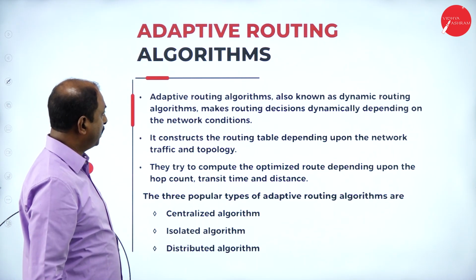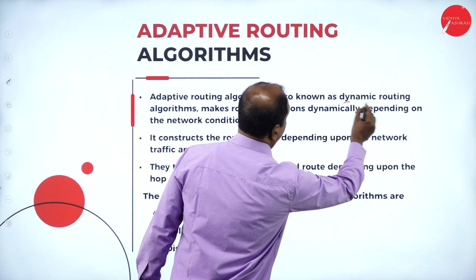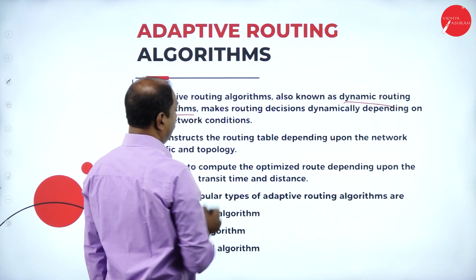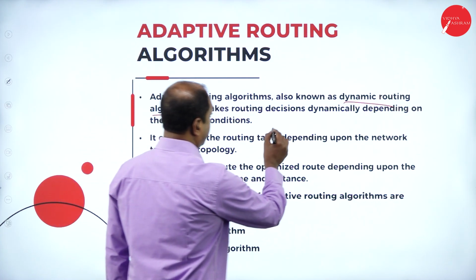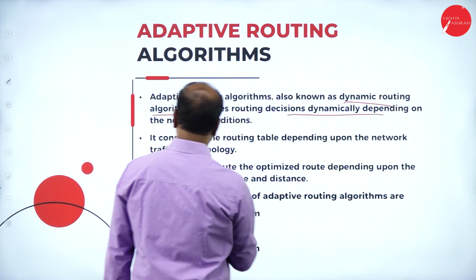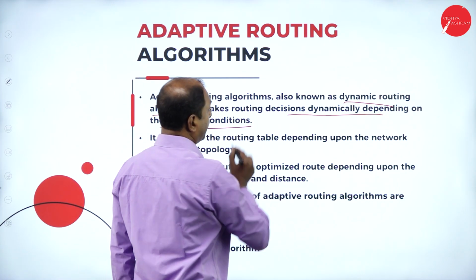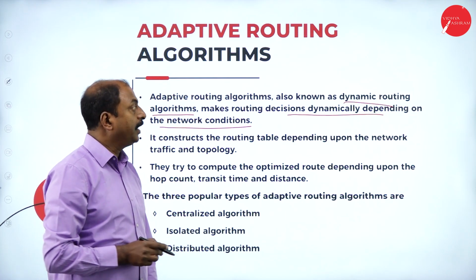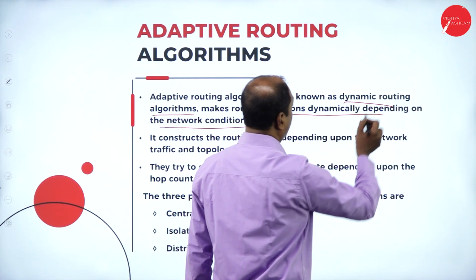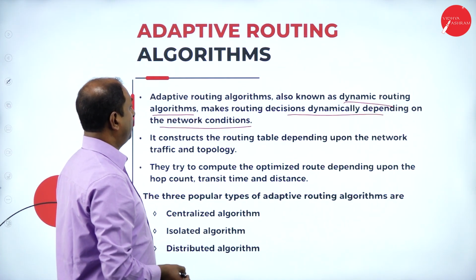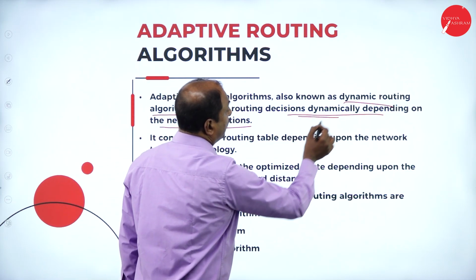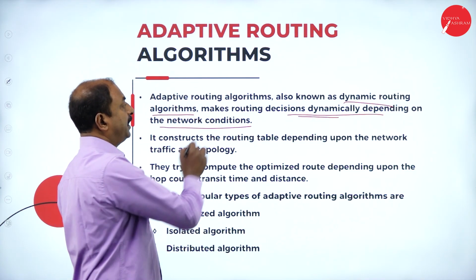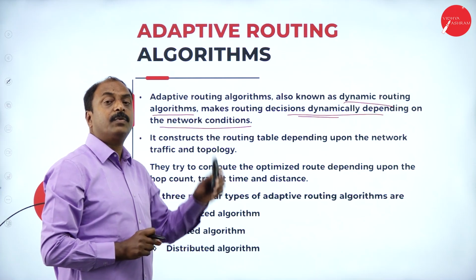In the next slide, we will see what the adaptive routing algorithms are. Adaptive routing algorithm is also known as dynamic routing algorithm. It makes routing decisions dynamically depending upon the network condition. It means a routing decision can be taken as and when it is required, depending on the network condition.